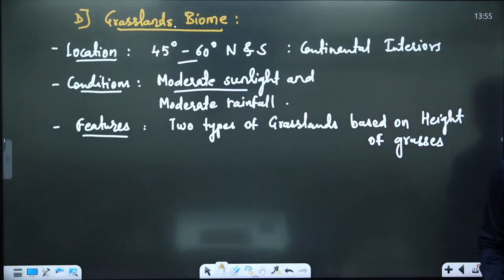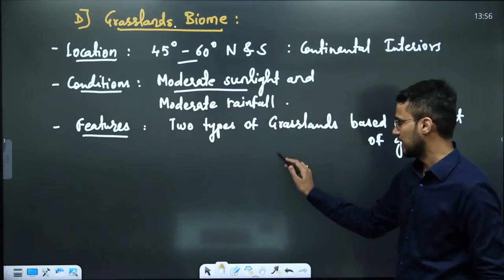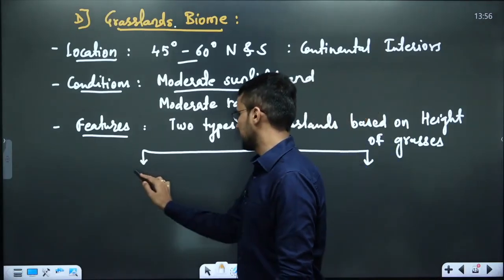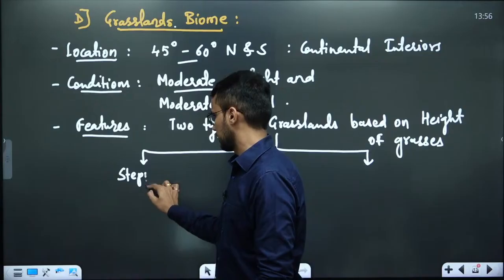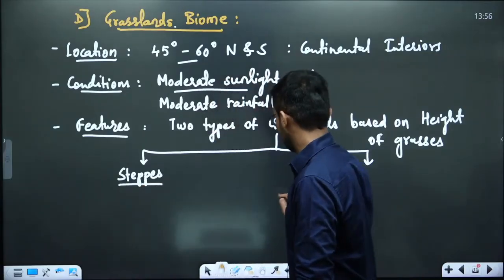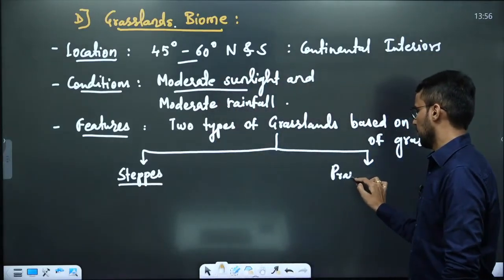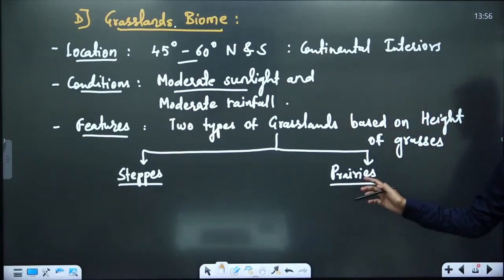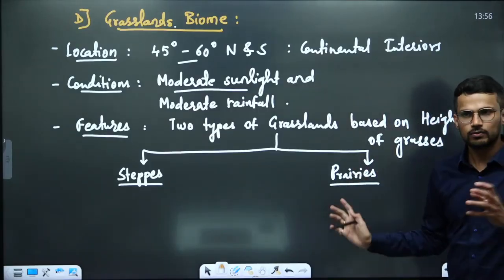Grasses के height पे based, there are two types of grasslands which you must be aware. First is steppes and second is prairies, right? Steppes and prairies. Which of them are taller?